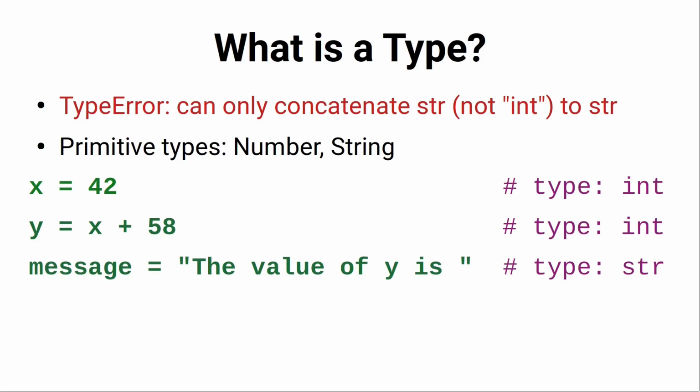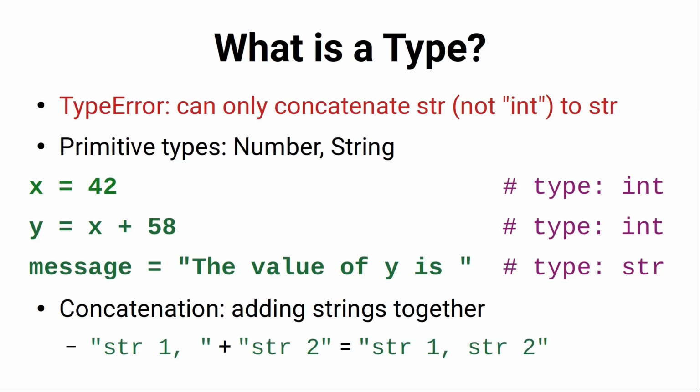Python doesn't know how to do this. It can only add integers to other numbers or strings to other strings. Adding a string to a string is called concatenation, which literally means adding a string to the end of another string to make one longer string.